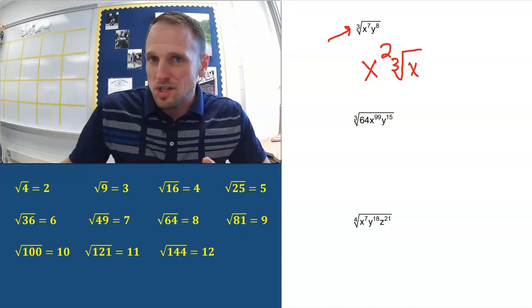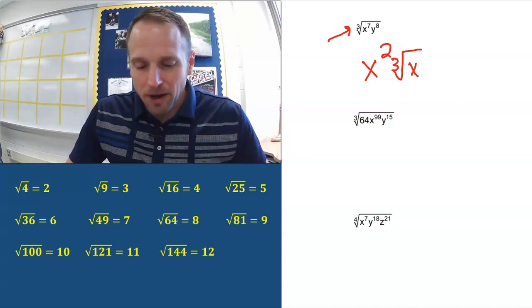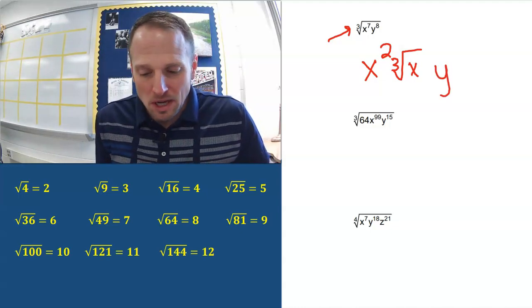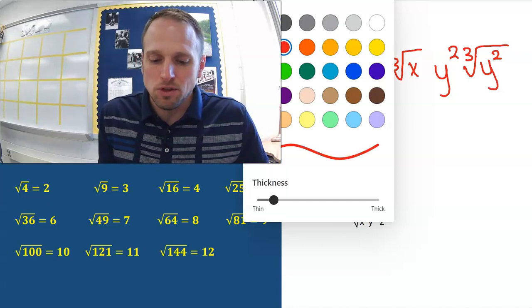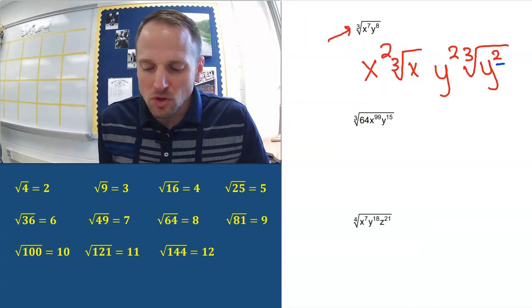Now watch this one. This one's new. 8 divided by 3 is 2, remainder 2. That one's a new one. That's the first time we've had a remainder of 2. And if the remainder is 2, do you see what I did?